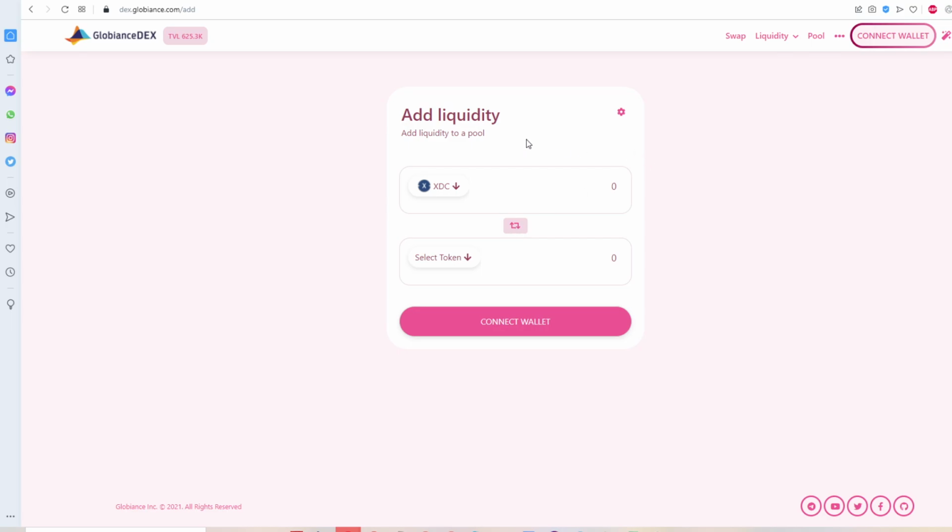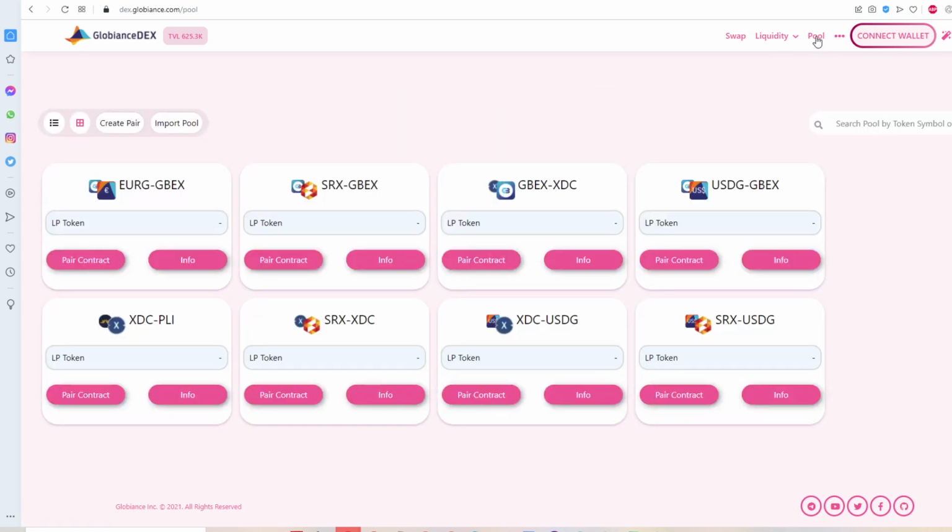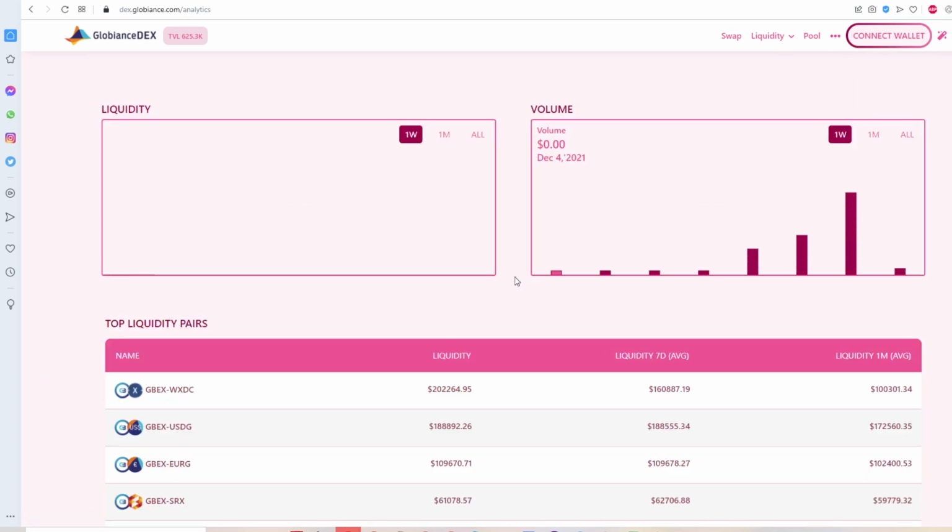For example, yesterday was a great day for us holders because we had like 38 billion burned and also distributed in one single day to all the holders. That's also because there was a lot of volume yesterday on the DEX.